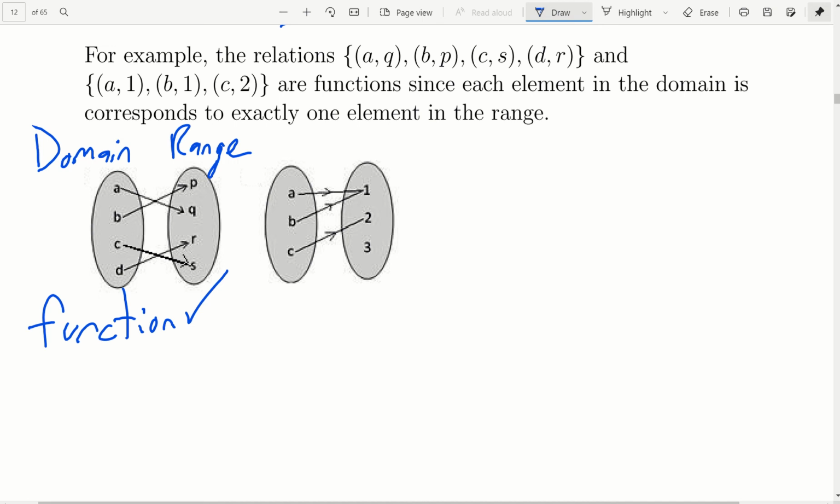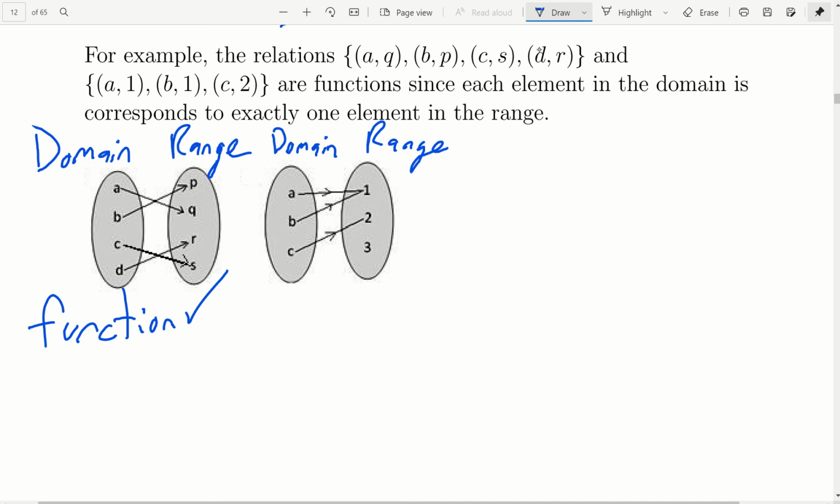If we look at the second relation, A to 1, B to 1, and C to 2, this is also another example of a function. The domain set would be A, B, and C. The range set would be the values 1 and 2. What's important to notice is that each element in the domain corresponds to only one value in the range.